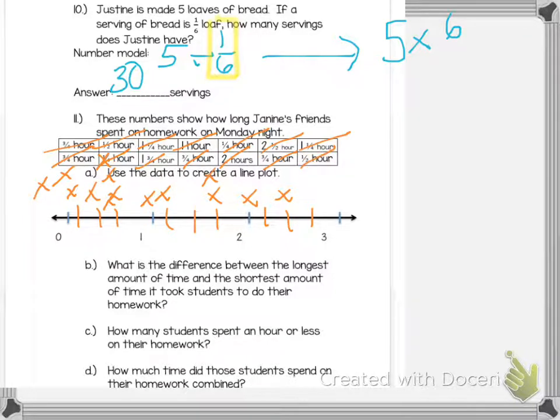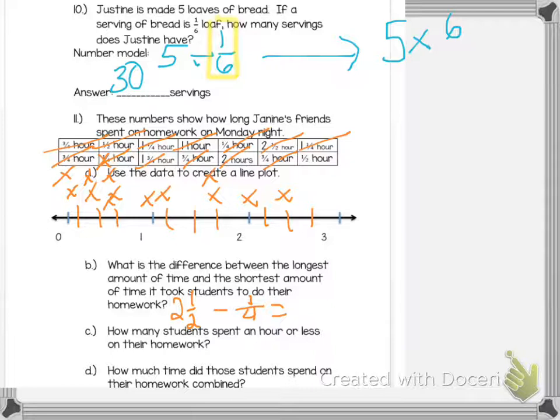It says, what's the difference between the longest amount of time and the shortest amount of time? This is our 1/2. Our shortest amount of time is 1/4, and our longest time is 2 1/2.